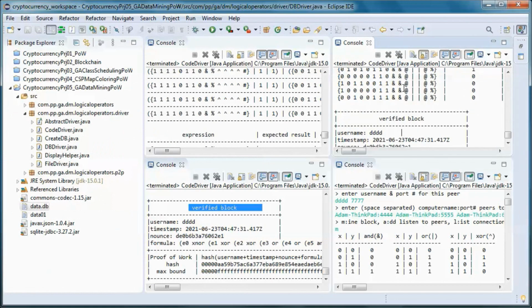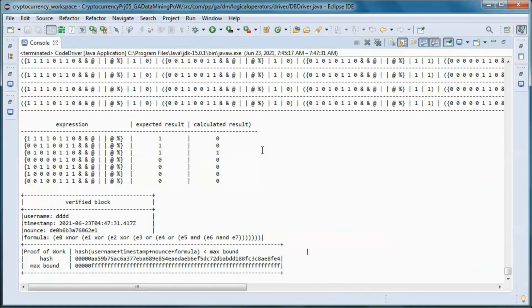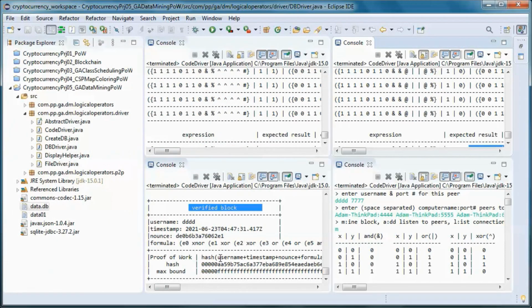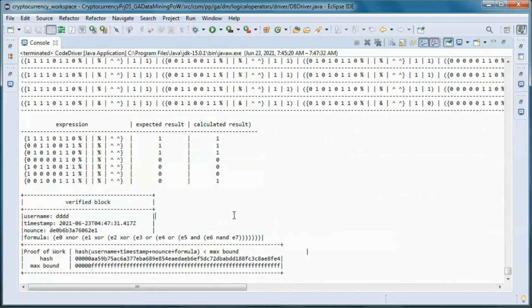And same for the other two. This one, so here we have those two are different, and this one, here we have those two are different.